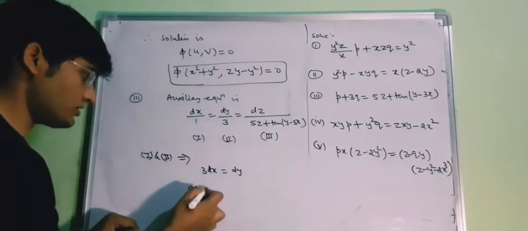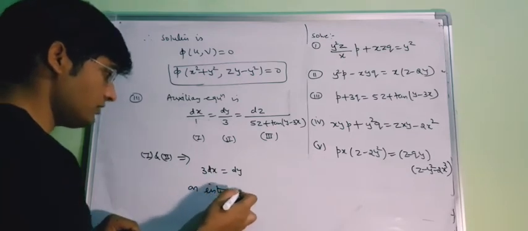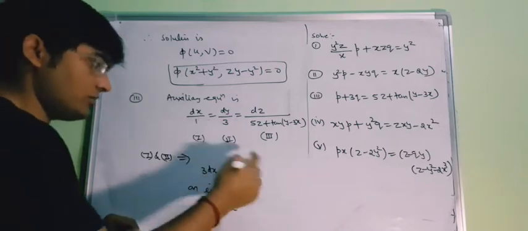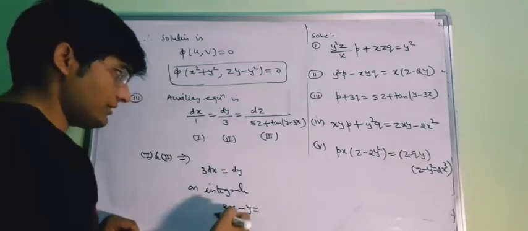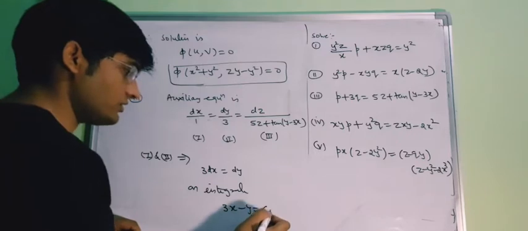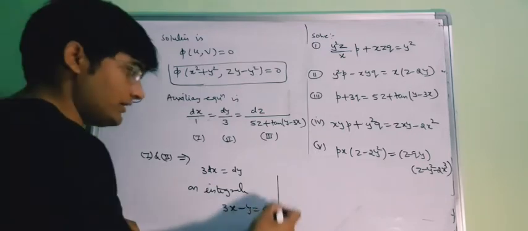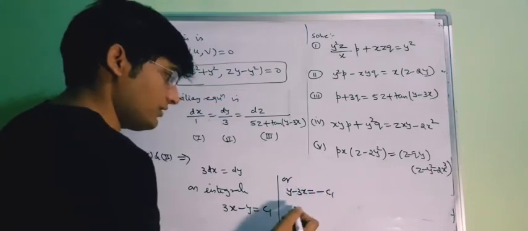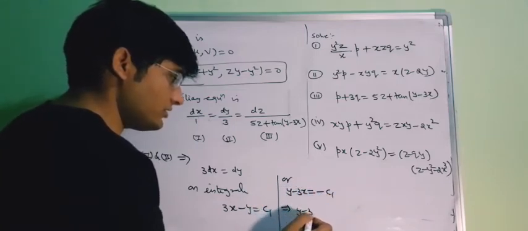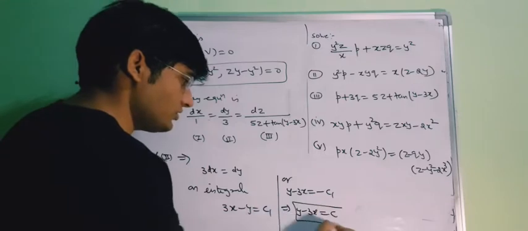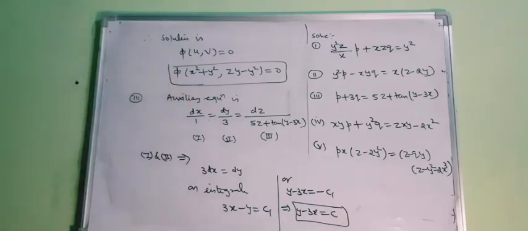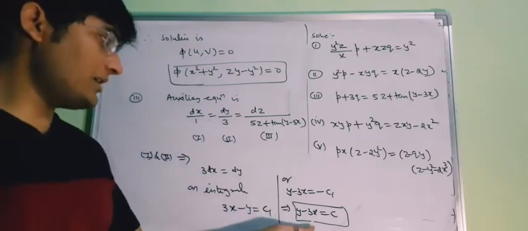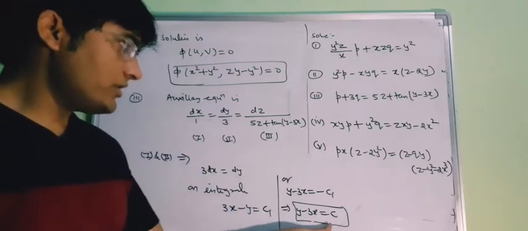So on integration, we will get 3x minus y equal to c1, and we can also write it as y minus 3x equal to minus c1, and the constant can be replaced by another constant, say c. So this is your first solution. You can also write it as 3x minus y. I am writing y minus 3x because of this term.